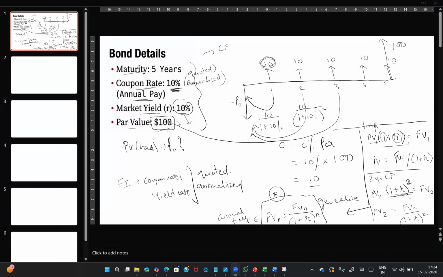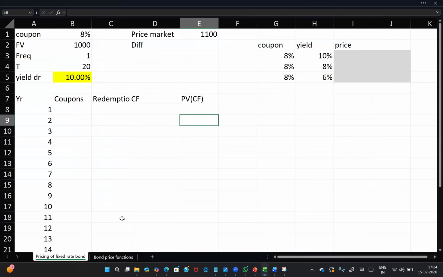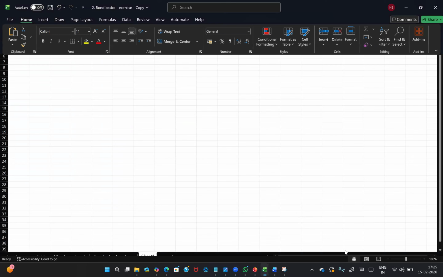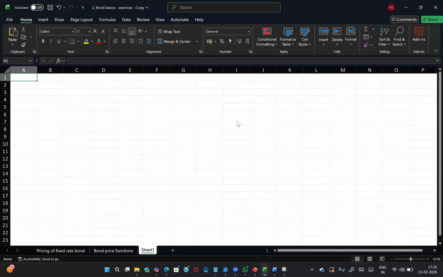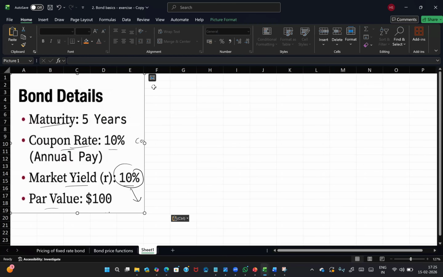We are now going to go to Excel and implement this. Okay, so let's go to Excel. All right, so here we will put out all the assumptions of the cash flow, which were these of the bond.